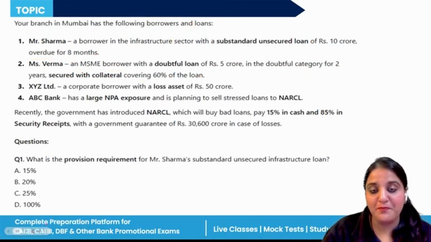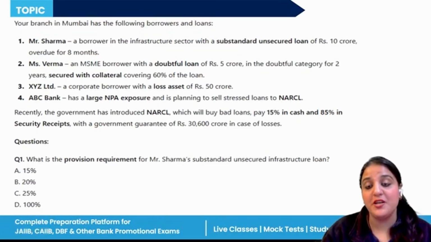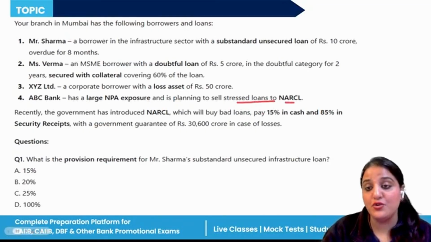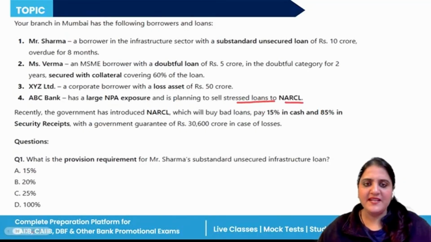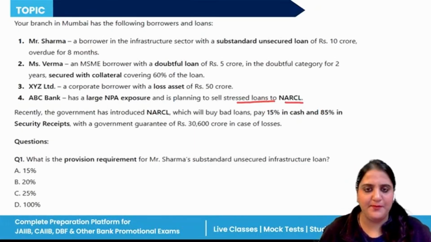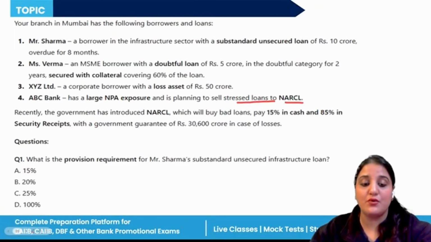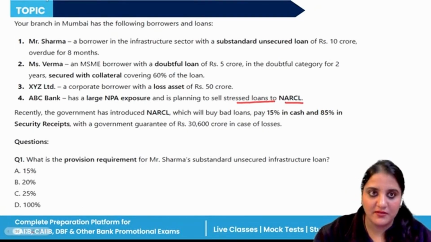XYZ, a corporate borrower with a loss asset of 50 crore. ABC Bank has a large NPA exposure and is planning to sell stressed loans to the NARCL. Recently, the government has introduced NARCL, which will buy bad loans, paying 50% in cash and 85% in security receipts, with a government guarantee of 30,600 crore in the case of losses.